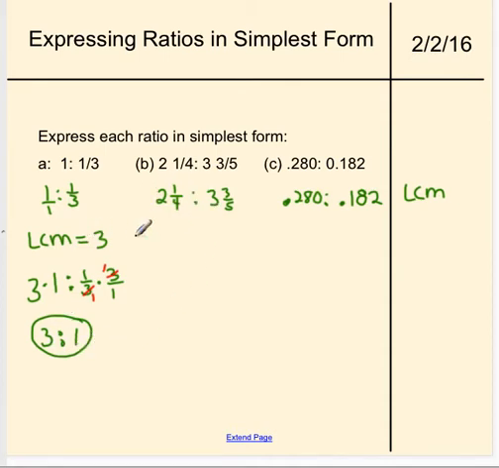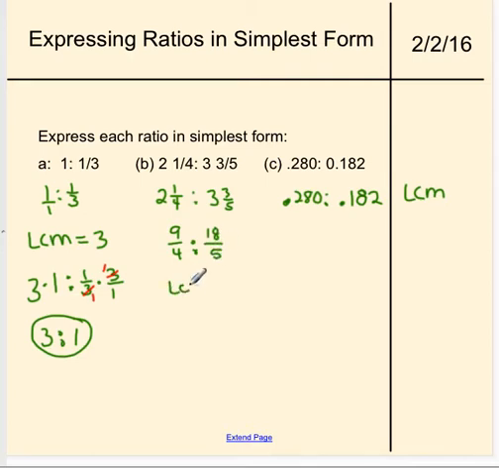We can do the same thing multiplying by the LCM for mixed numbers. We just have to turn them into improper fractions first. So 4 times 2 is 8 plus 1 is 9, so that's 9/4. And that is compared to 5 times 3 is 15 plus 3 is 18/5.